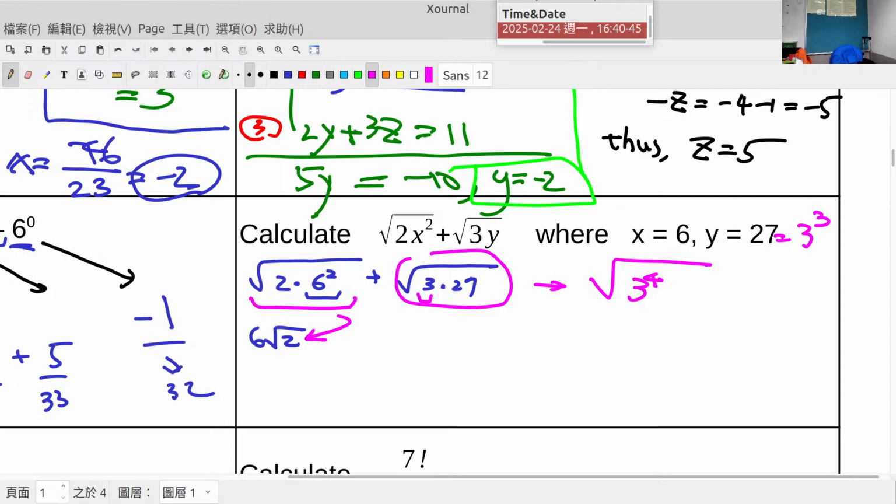81 is a square of 9. Then 9 squared, that is 81. The square and the symbol of square root can cancel each other. This part is only the number 9.